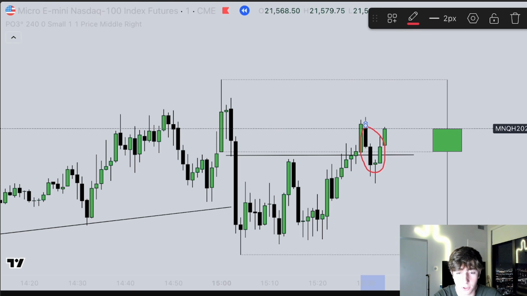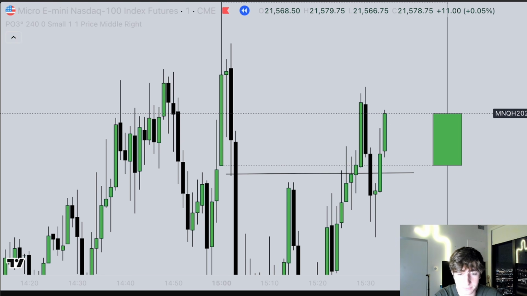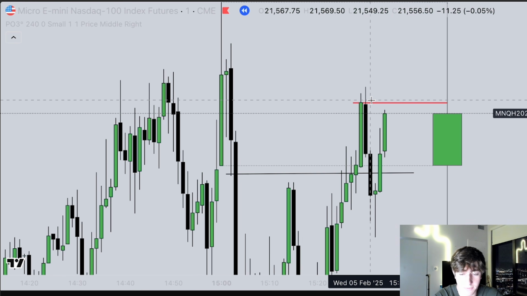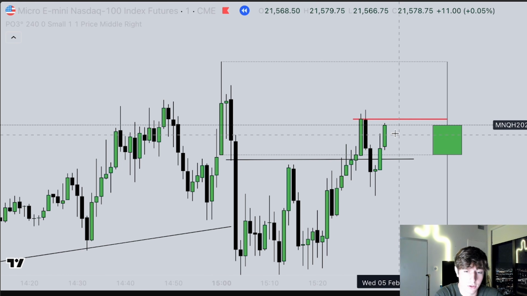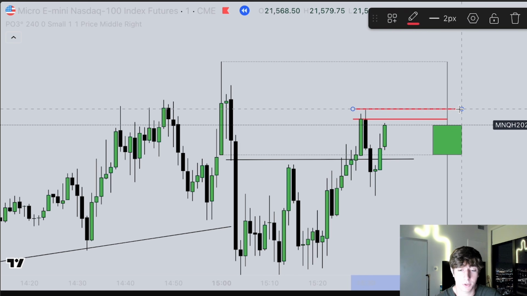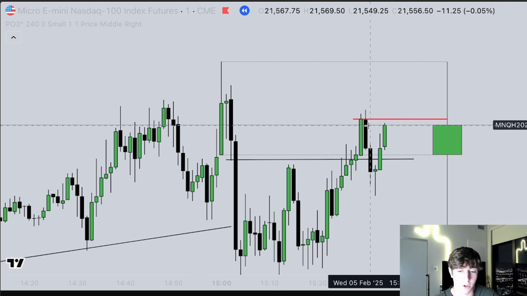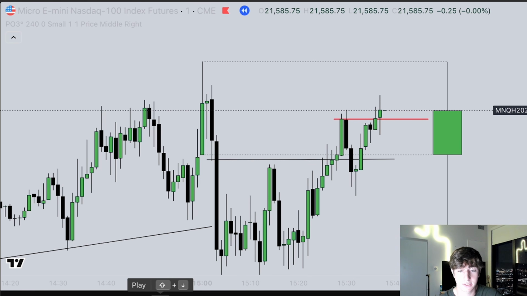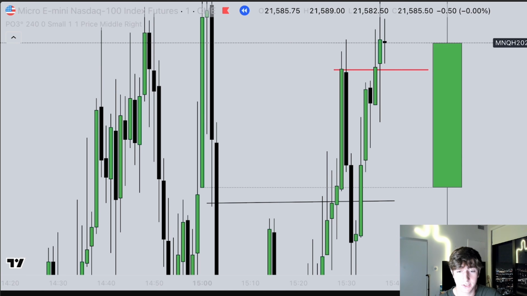Whatever the opening price of that is, which is right here at the top of these bodies, you want a closure above that, essentially. That's your CISD. It doesn't need to be above the wick, just needs to be above the opening price of the start of that move to the downside. So I believe we get that on this candle right here.